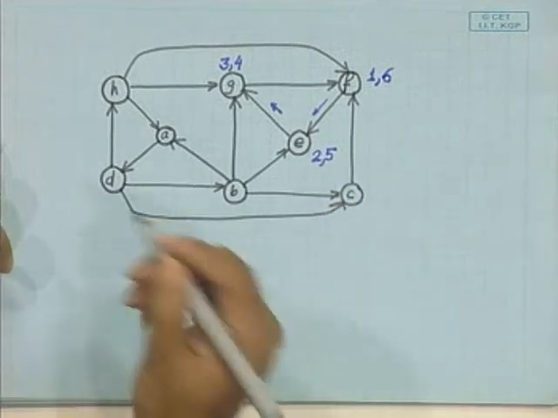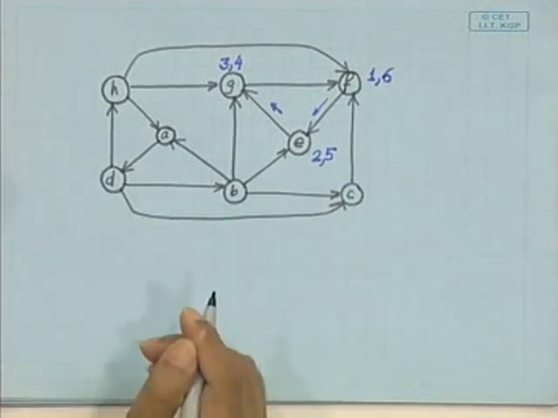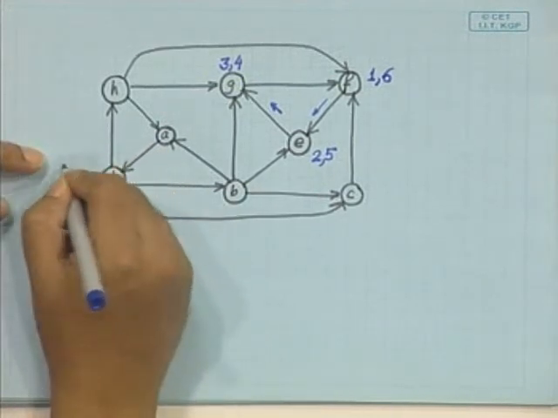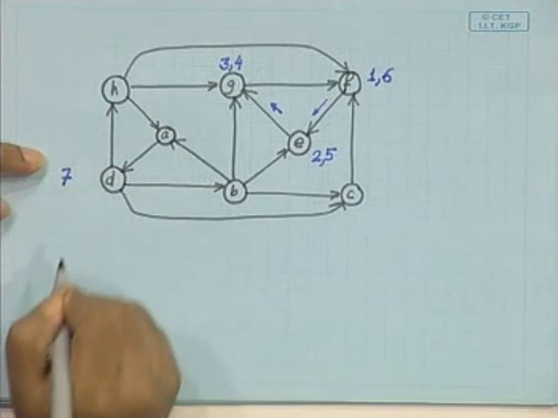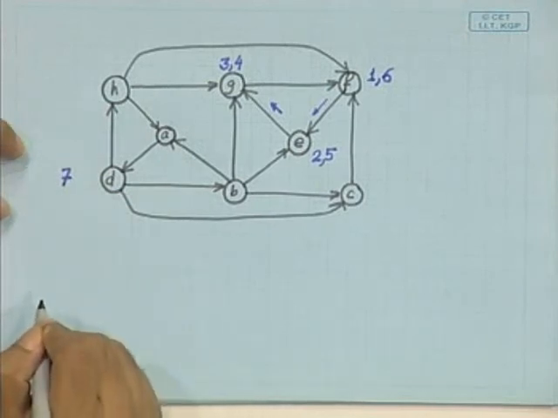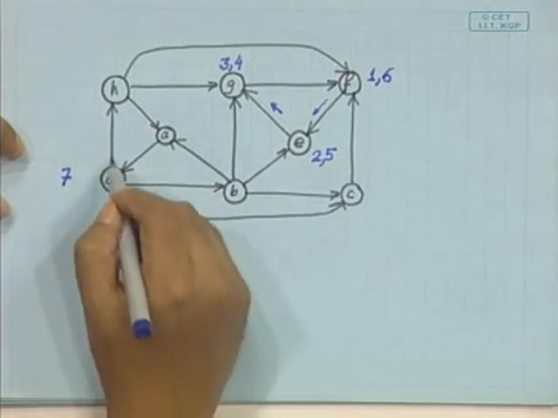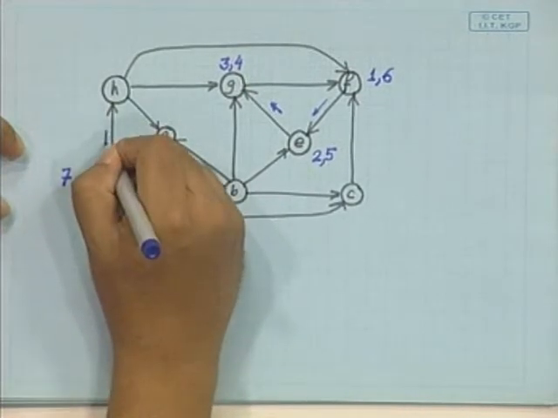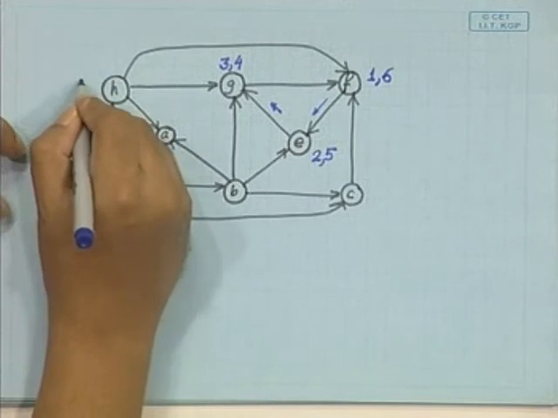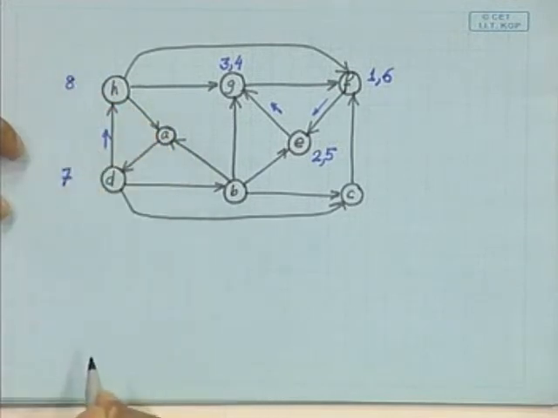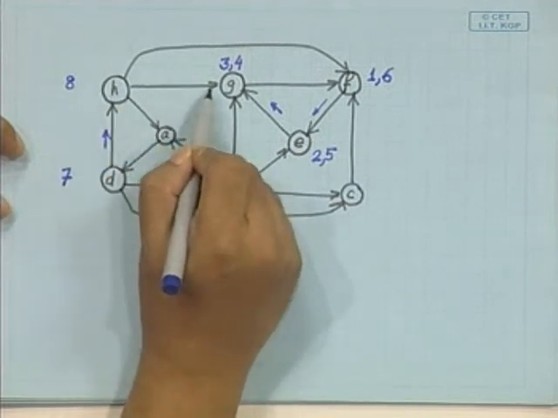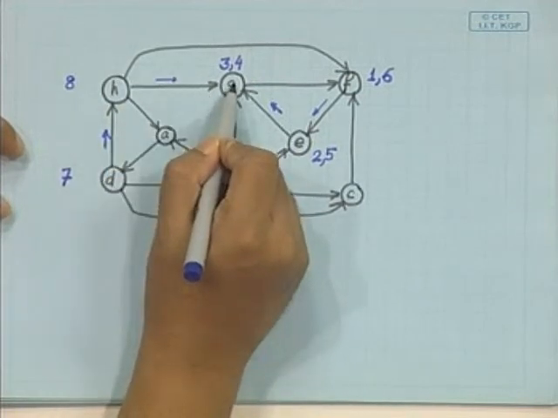Then we will have to start again from some node which is not visited. Let us say we start from D. So this is going to have entry number 7, right? Then from here we have two choices, we can go here or we can go here. Let's say we first take this one. So then this is going to have entry number 8. From here, if we go here, we find it's already visited.